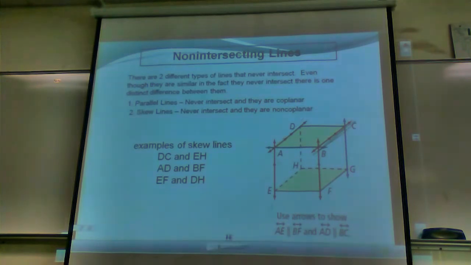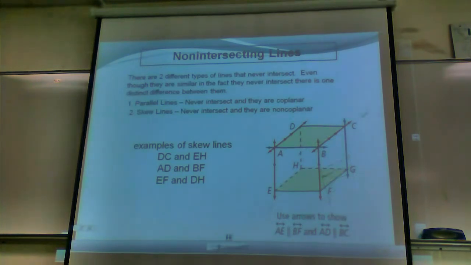Now, what you have to imagine on this box here is that every side, every face, is a plane. So any lines that are on this plane that don't intersect are parallel. This side right here, that's a plane. Any lines on this side, and that would be all four sides, that don't intersect are parallel.